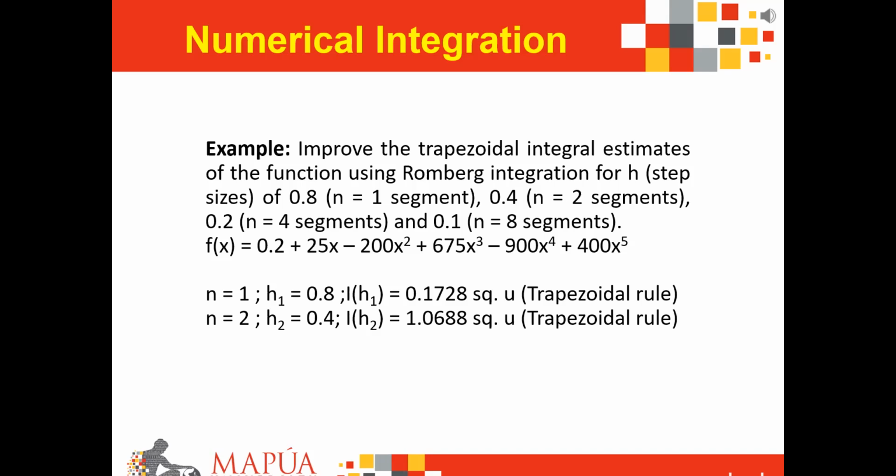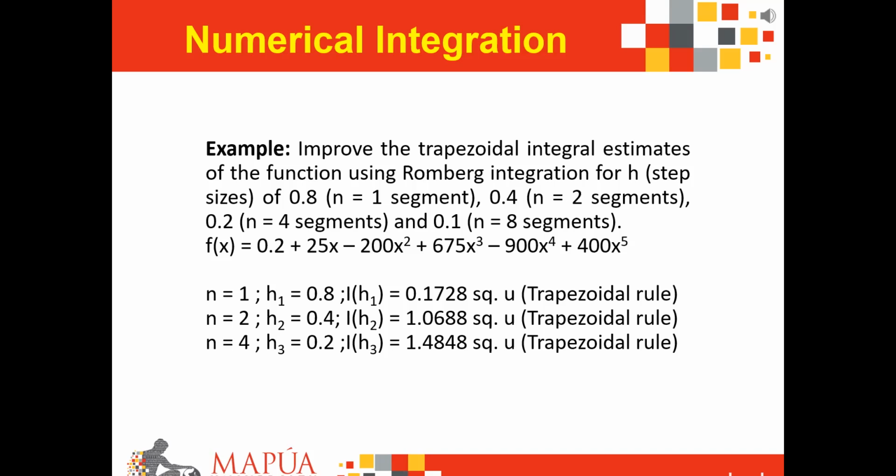So if I further subdivide this step size by 2, I would need to double my number of segments again. We did this already under trapezoidal rule in the previous video lesson. Our step size now is 0.2. Our integral estimate now is 1.4848 square units.